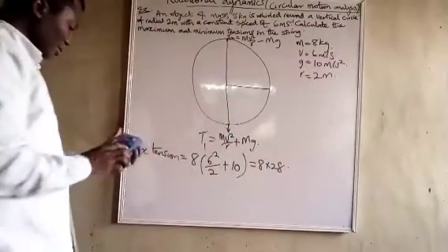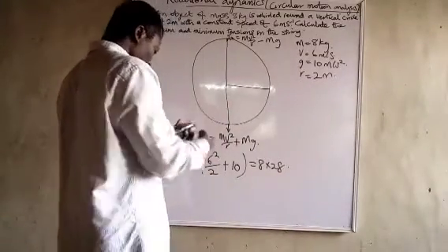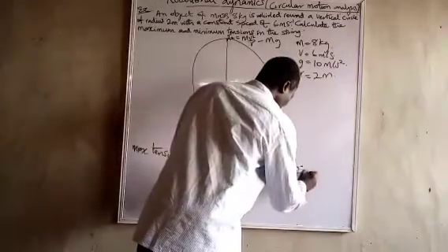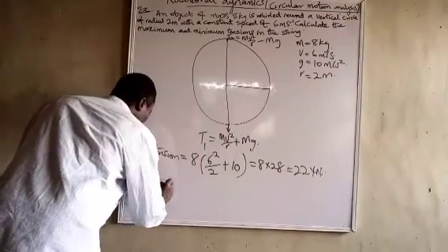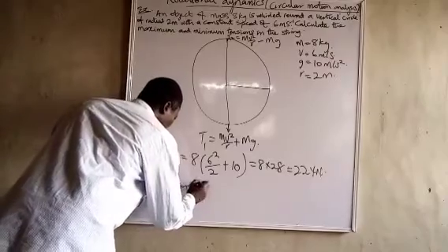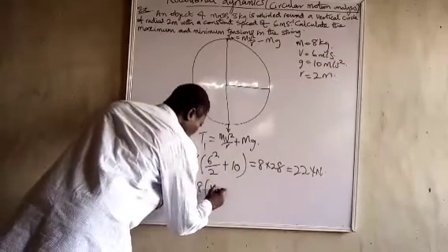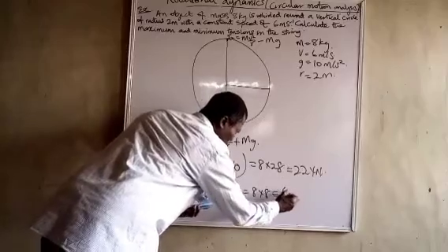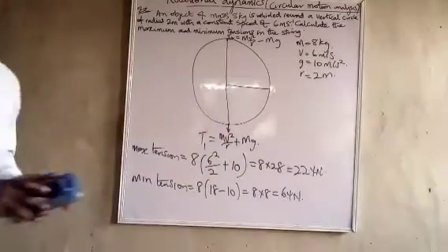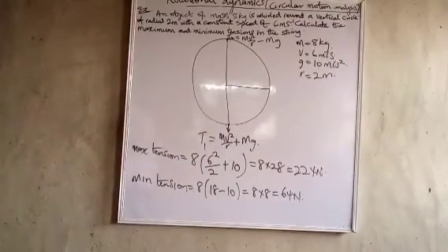And that is going to give us 224 Newton. And minimum tension is equal to 8 into 18 minus 10, which is 8 times 8, which is 64 Newton. So that's a simple calculation there.